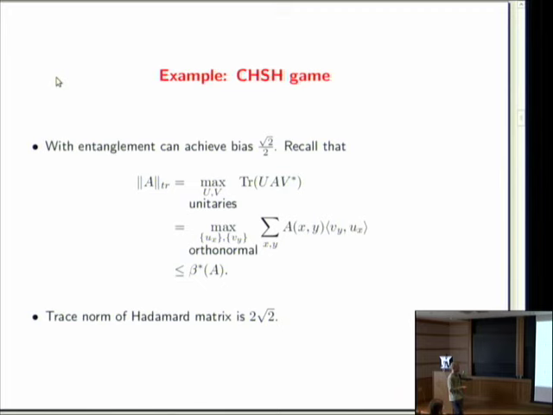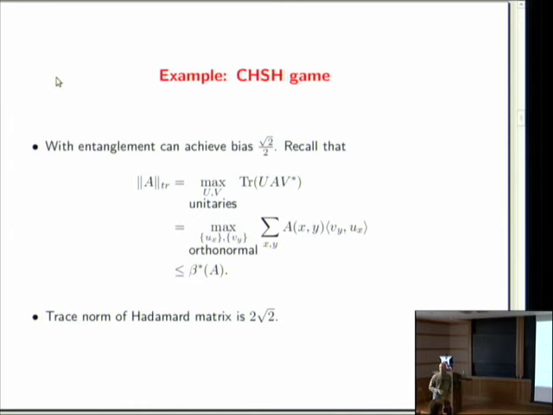But you see that the bias with entanglement by Cyrilson is just a relaxation of this, because we don't have to take the vectors to be orthonormal, we just have to take them to be unit vectors. So the bias with entanglement is always going to be at least the trace norm.